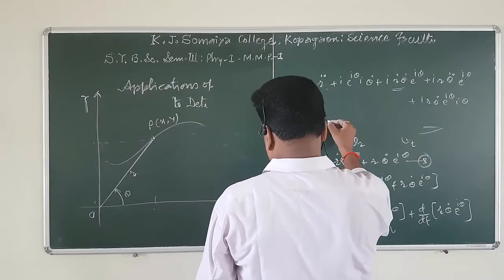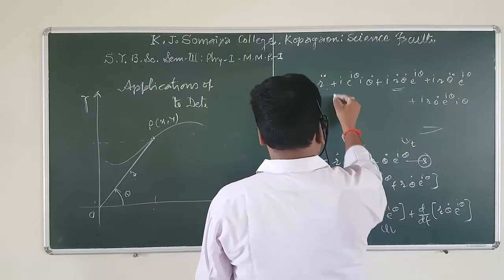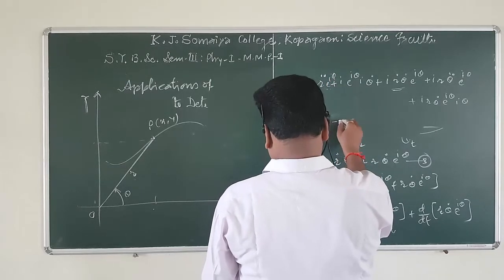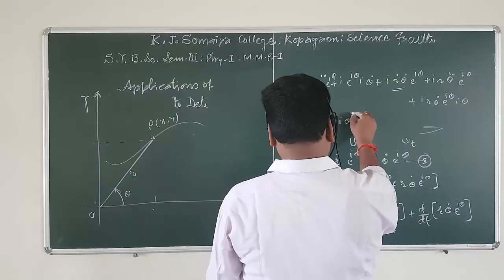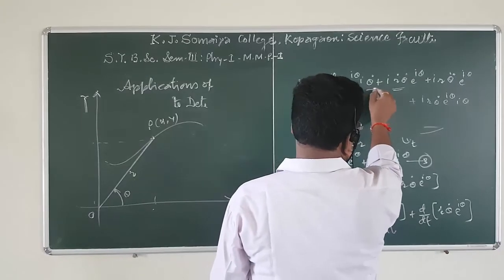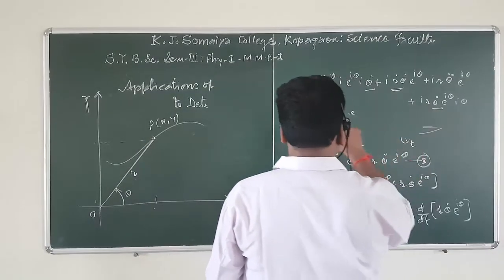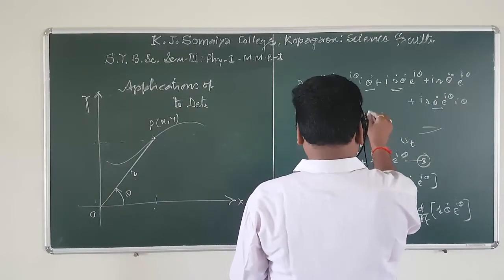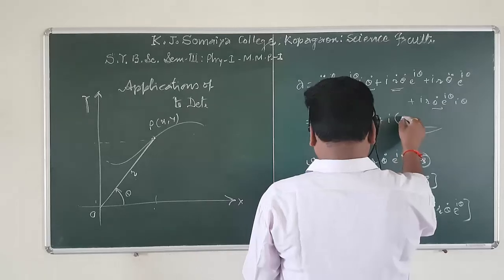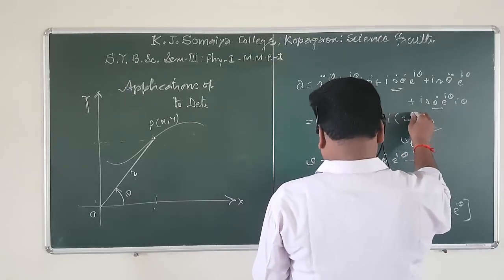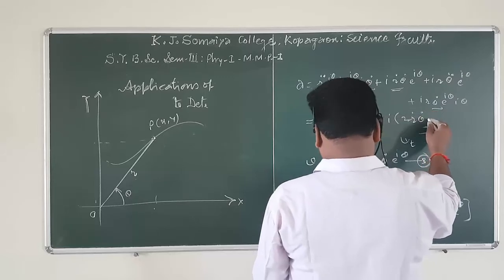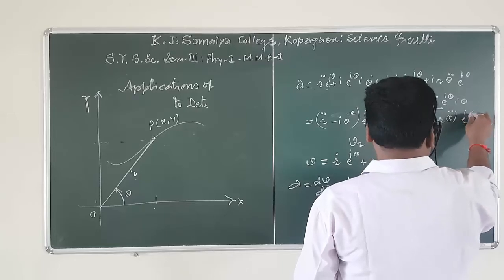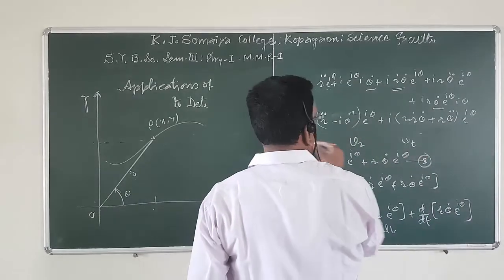We have e raised to i theta into bracket r double dot minus r theta dot square, and in bracket i times 2 r dot theta dot plus r theta double dot, and e raised to i theta, and this is equation 4.